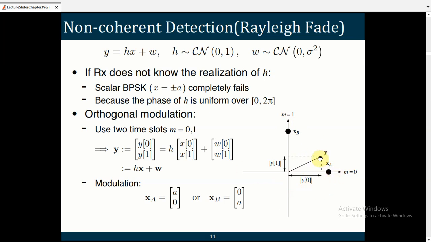So the received vector y would be a point on this two-dimensional plane. If you project the point on the horizontal axis, that gives you y0, and if you project the point on the vertical axis, that would be y1. So the lengths of y1 and y0 can clearly give you an idea of what symbol was transmitted.